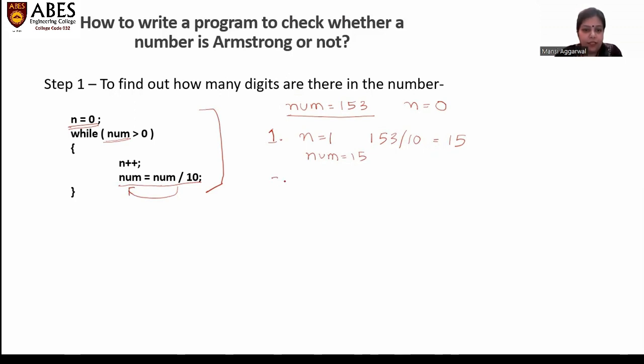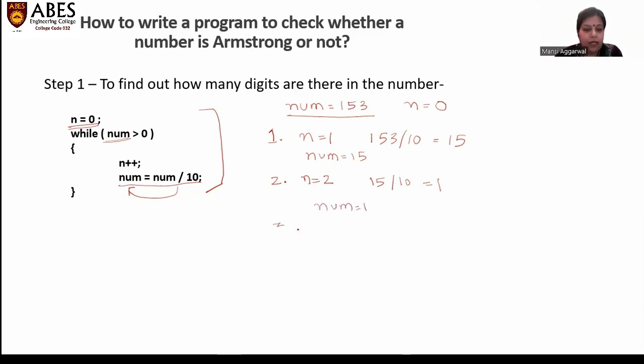For the next iteration, again, the value of num is 15, so the condition is true. We will come inside the loop, and the value of n is incremented by 1 to make it 2. The value of num will be divided by 10, and this time we will get 1. So the value of num will be 1.